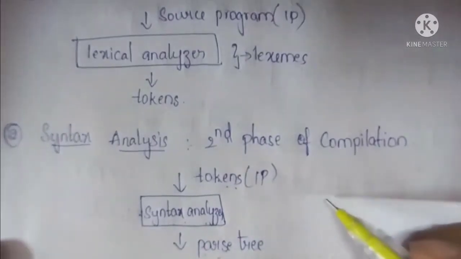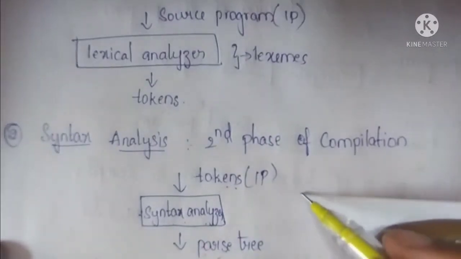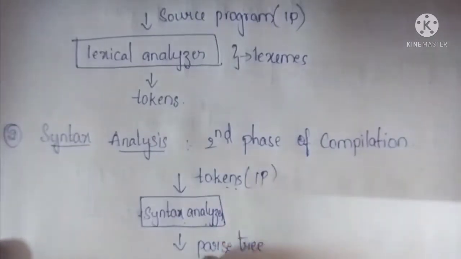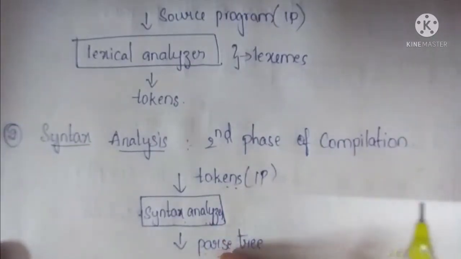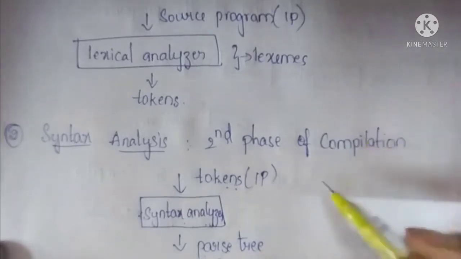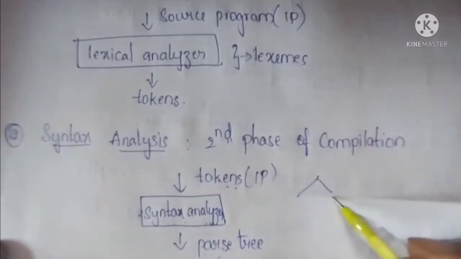Whatever steps we are writing will be converted into tokens. After generating the tokens, they are arranged in the form of a parsing tree. A tree is for our analysis, where all the inputs are written in a tree-like structure.